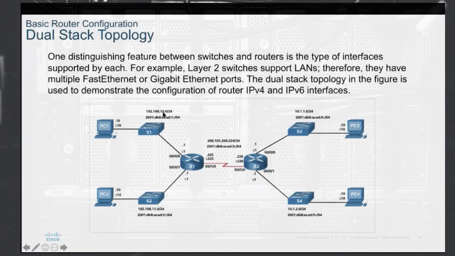The dual stack topology suggests that this one, like .10, would be 192.168.10.10, and if you want to go to the address of this one, it would be 192.168.11.10. Again, the .1 prefix is for IPv4, double colon 1 would be for IPv6, and this is a 32-bit, this is a 128-bit one. So this is for all the routers as well as switches and the PCs. This is a good way to show everything in one place.